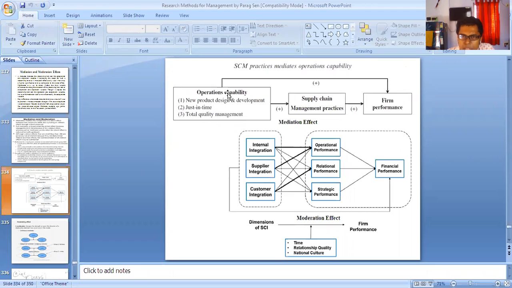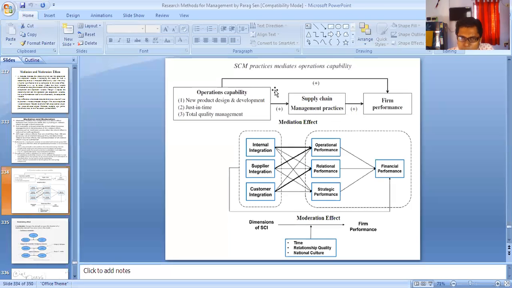Now you are proposing another thing, that operations capability, with the help of supply chain management practices, positively affects the firm performance. That means there is a mediation effect. That means the supply chain management practices, it is an addition, it enhances the firm performance.